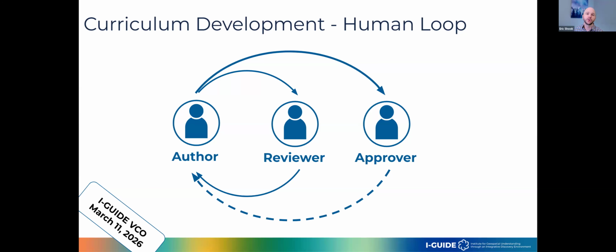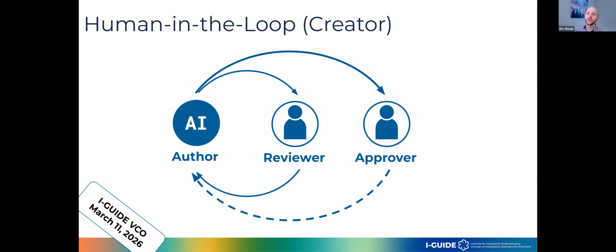And now what we're going to do is show different renditions of where AI can be inserted in the curriculum development process. So first off, we can have what's called human in the loop. And here, what we're doing is using AI to author the material, but you still have a human reviewer and approver.